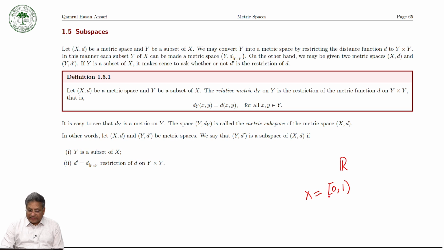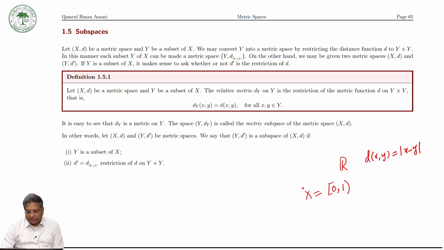Then this set, with respect to the usual metric, where the usual metric is d(x, y) equal to mod of x minus y, with respect to the usual metric d on R, this set is not open. This set is not closed.